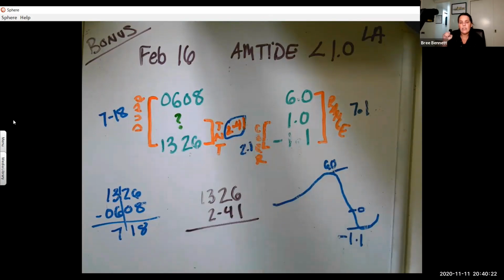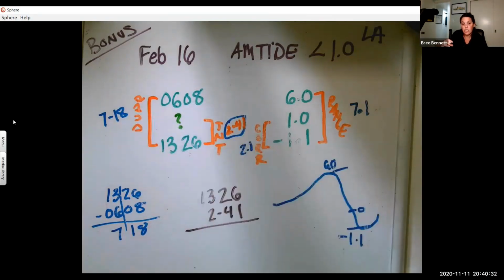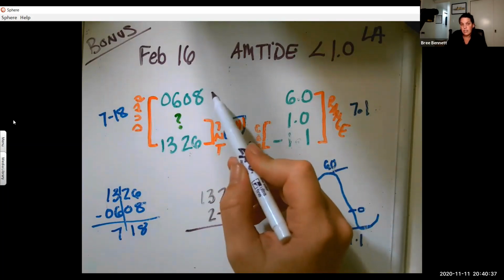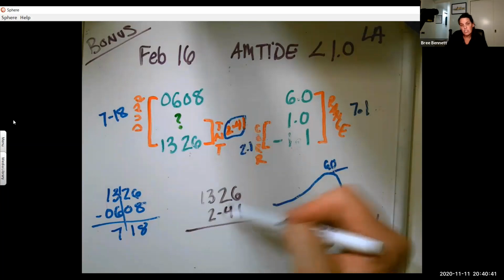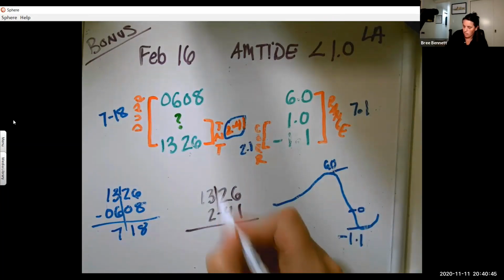Are we going to be adding or subtracting these 2 hours and 41 minutes? Subtracting. We have to stay within this bracket or this sandwich here. So it's in between 6 and 1326. So we have to subtract this 2 hours and 41 minutes.